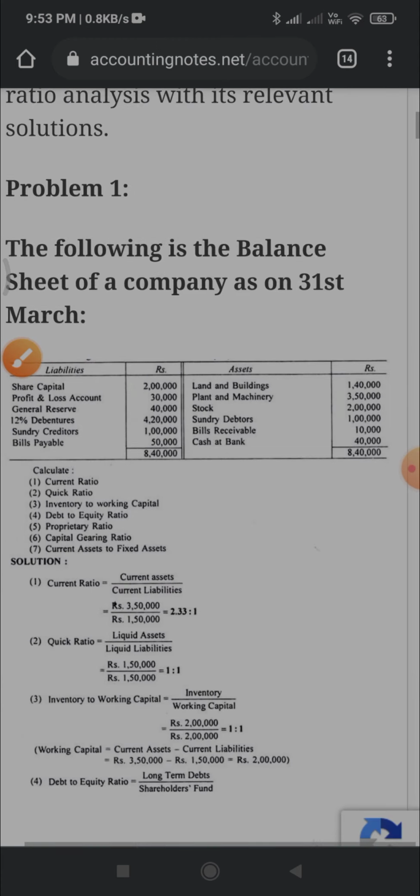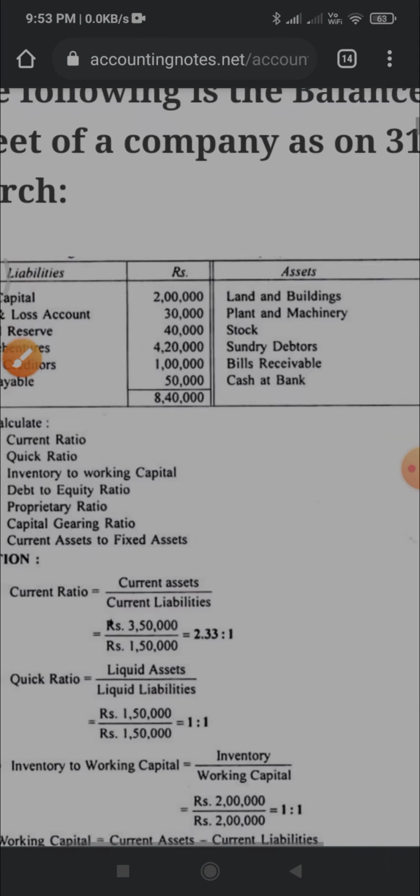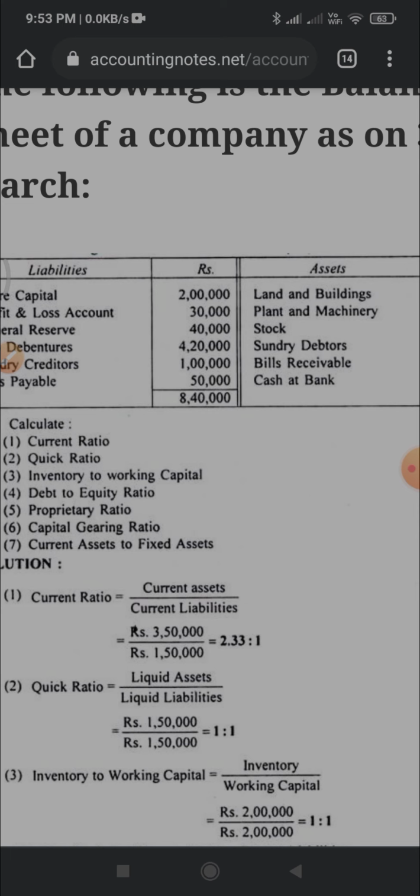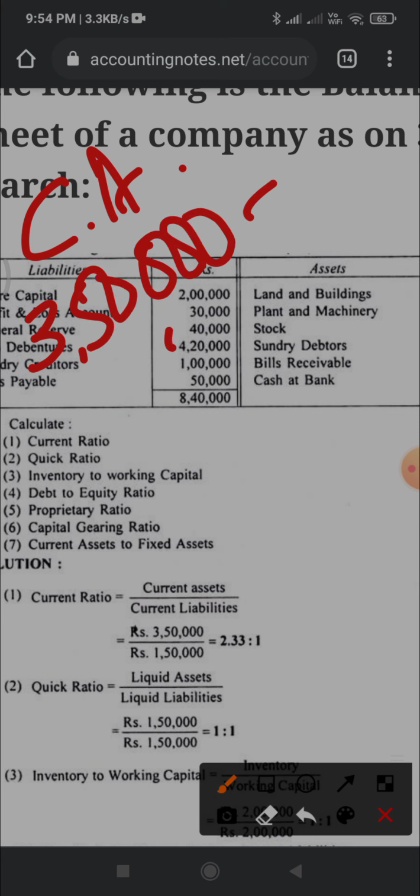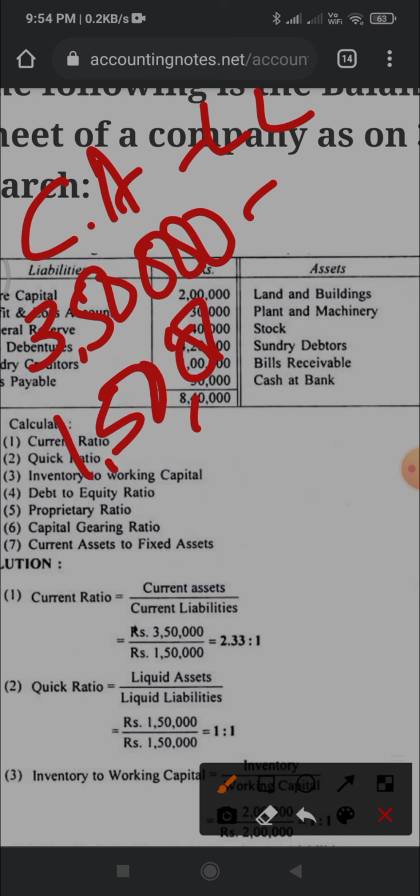So what are the current assets? We calculated them already in the current ratio. Current assets are 3,50,000 minus current liabilities of 1,50,000.